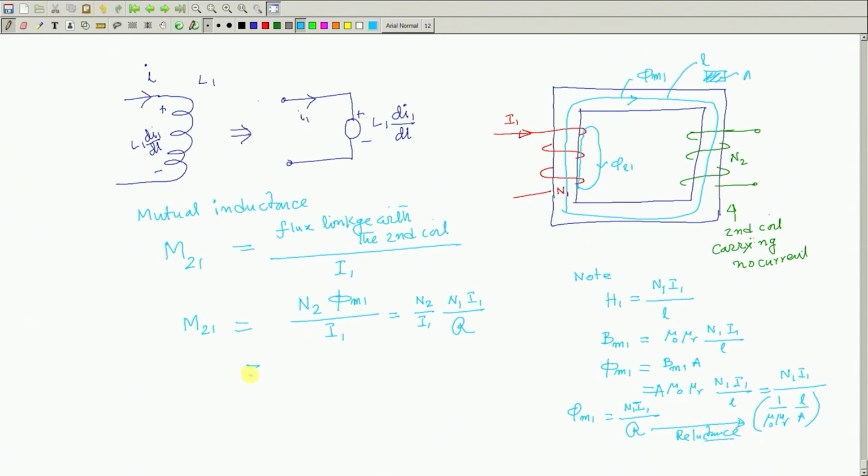So, M21 will simply become equal to N1 N2, product of number of turns, divided by reluctance, that is all, M21. Just note it. Now, the way I have defined mutual inductance, it is in this fashion.